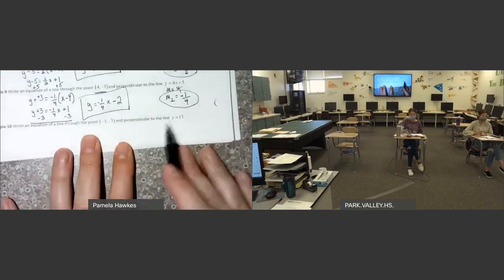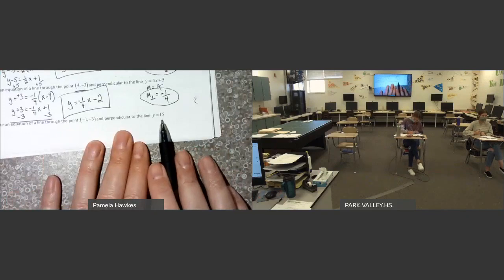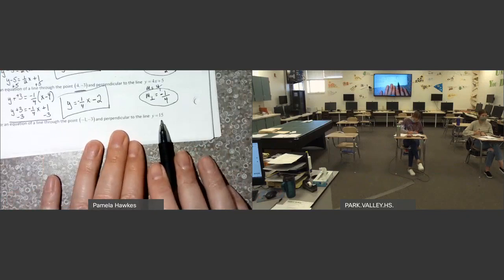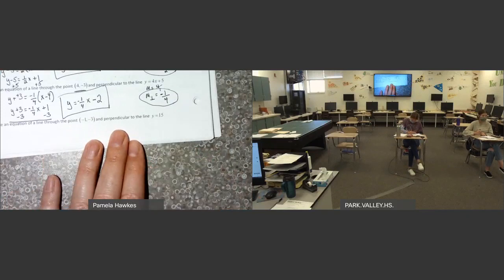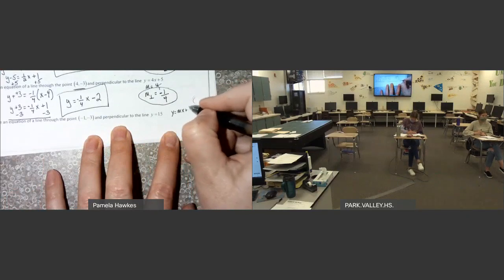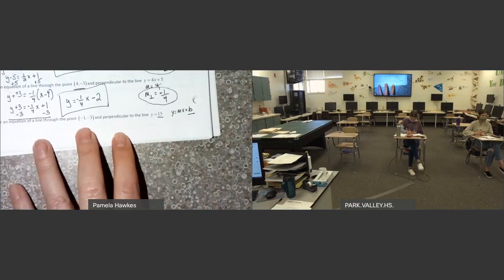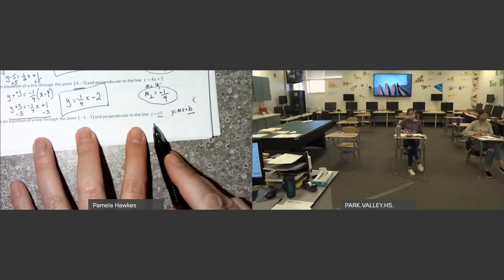Here's our next one. It says perpendicular to this line. What's the slope of this line? What? Nope. Remember it goes y equals mx plus b. B is 15. So what's m? There isn't any x's here, right?